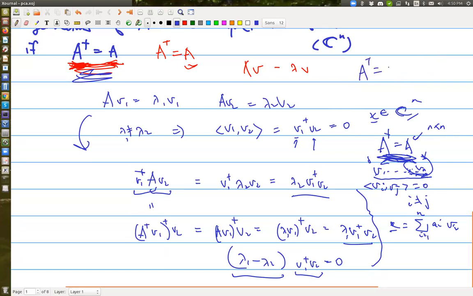So I would just say A transpose equals A, and A is real. But I needed to start with Hermitian because the proof uses it. Anyway, from now I will just focus on this. So the matrix is real symmetric, and then I can decompose any vector with its eigenvectors.